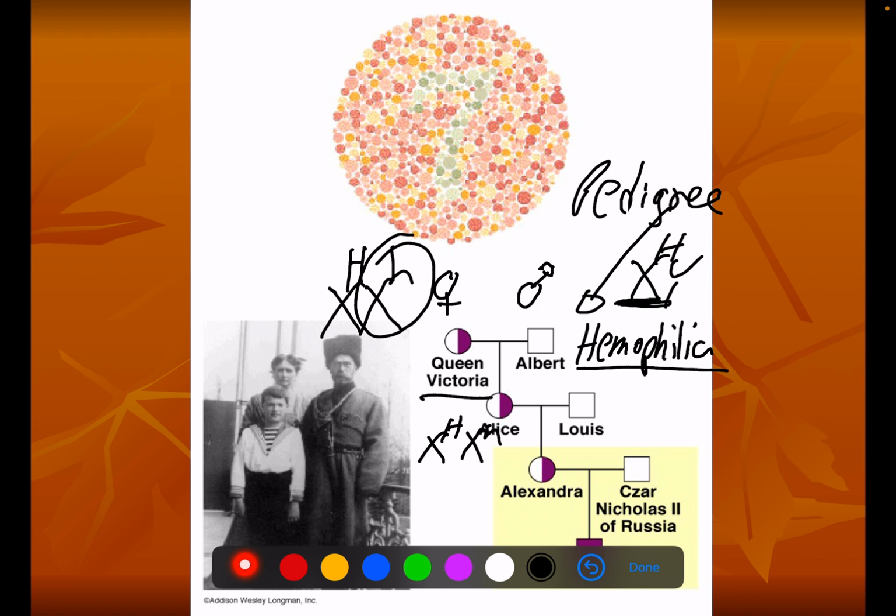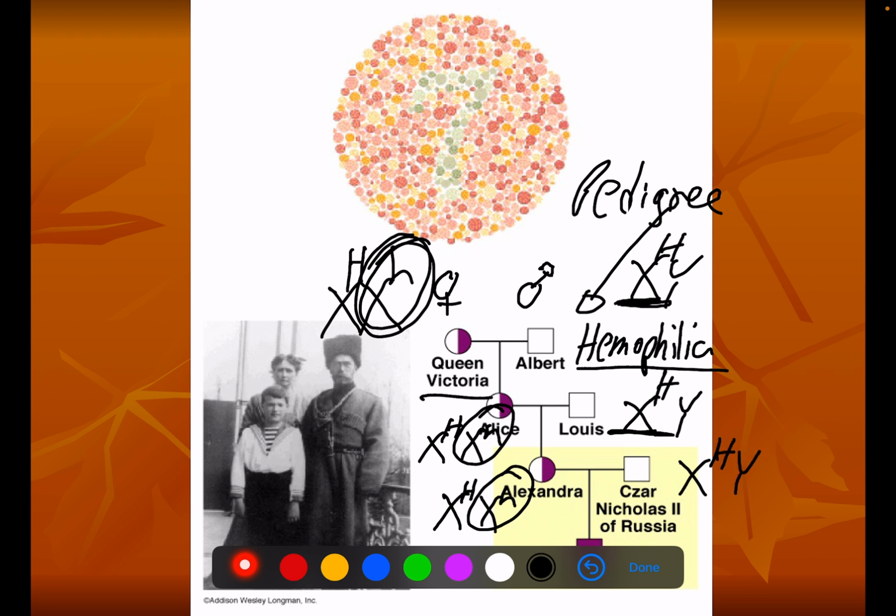And then Alice marries Louis, who is not shaded at all, so that means that he had a good X and a Y. And then they had Alexandra, and Louis gave her a good X, but mom gave Alexandra her bad X. So see, that bad X has been making its way through three generations. And eventually she marries the last Russian Tsar, who has the ability to clot.